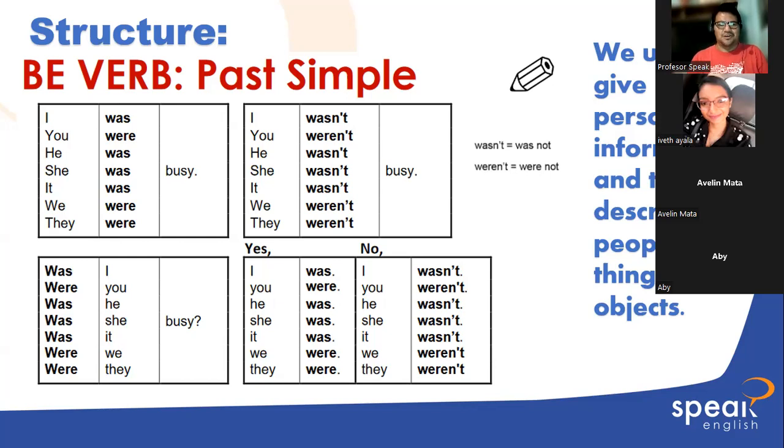Es una mezcla del sonido de la R, del sonido de la N y el sonido de la T. Pero allí no vamos a decir la E. No decimos weren't con la E. Solo es el sonido de la R, de la N y de la T. Weren't.